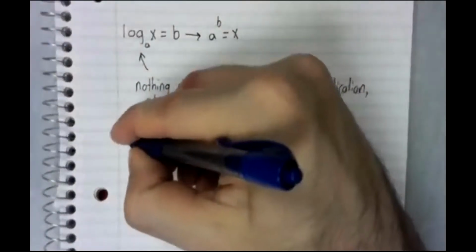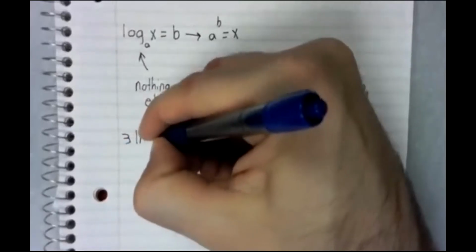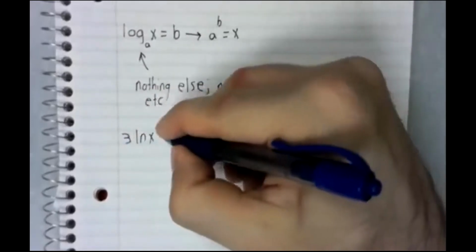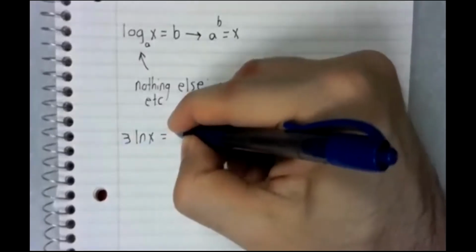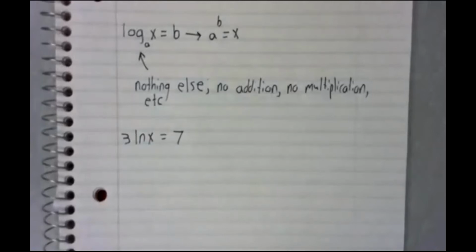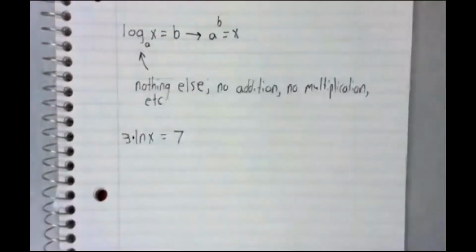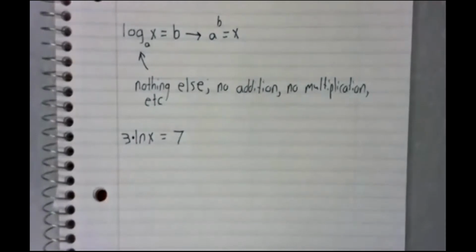So if you have something like 3 times the natural log of x equals 7, you're going to have to do some manipulation, because this multiplication we have here has to go.